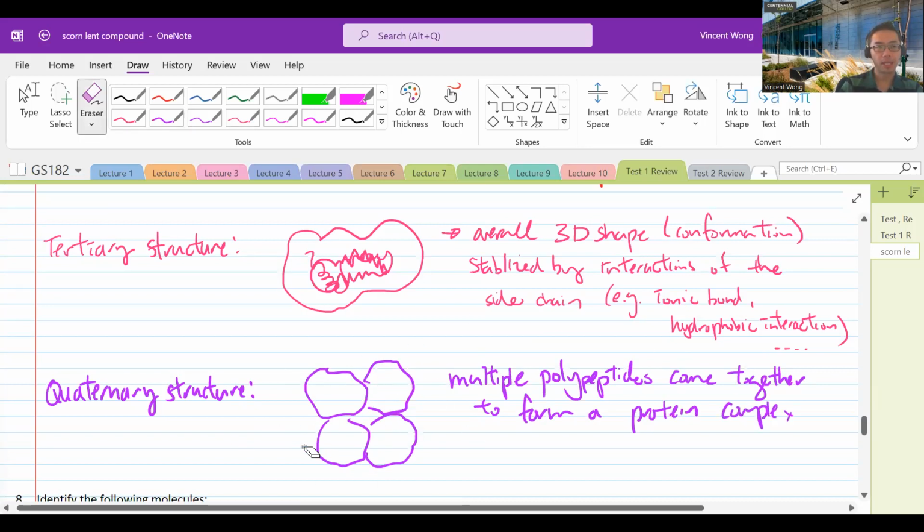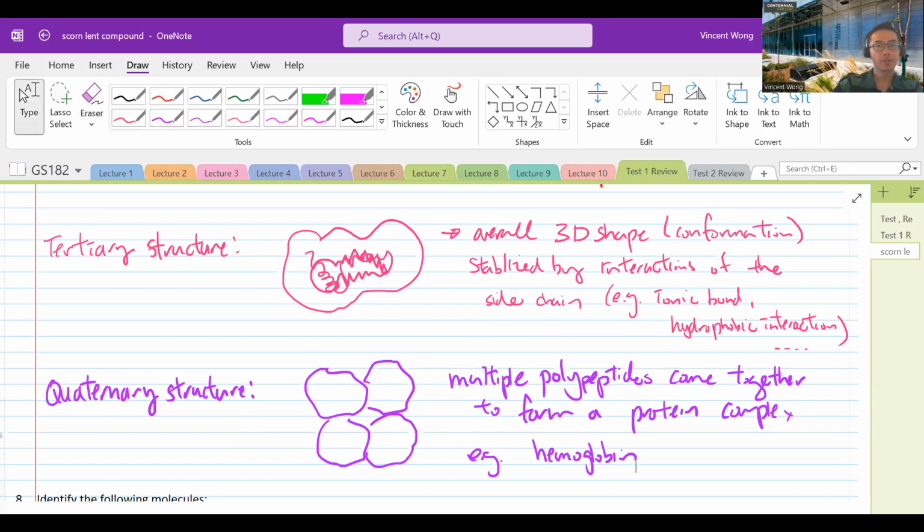An example of something that has this would be the hemoglobin that we talked about. So there you have it, the 4 levels of protein structures. Any questions?